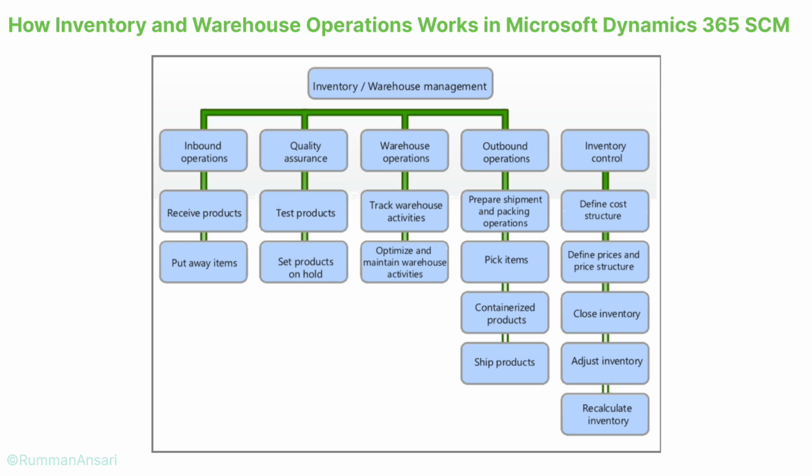The third one in the vertical, you can see warehouse operations, which involves tracking warehouse activities and optimizing and maintaining them. So what does it actually mean? It means warehouse operations involve real-time monitoring of inventory movement, which item is moving to which storage location, in which dimensions.